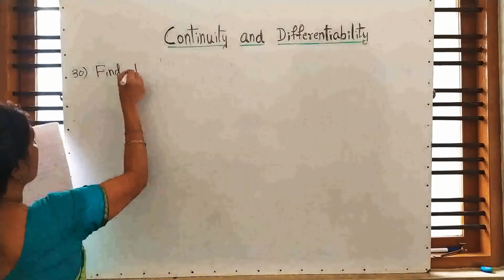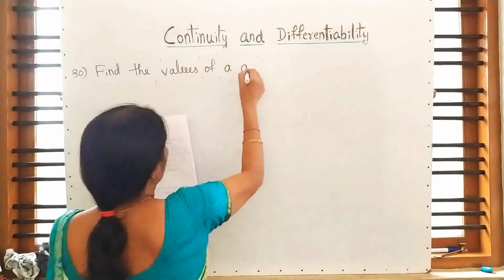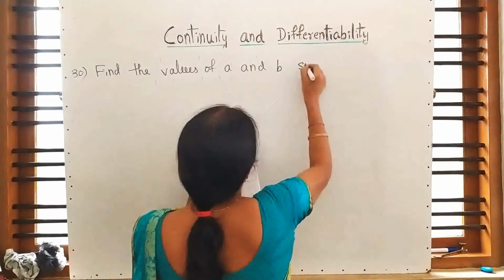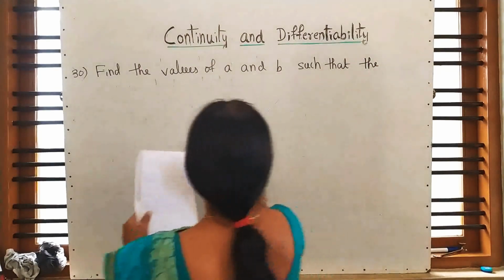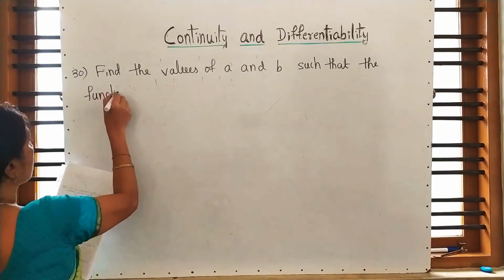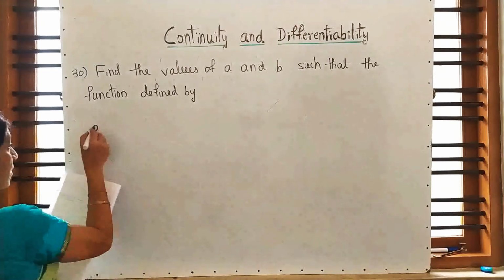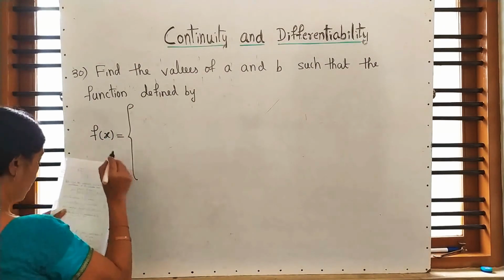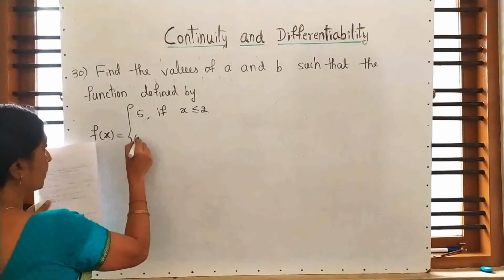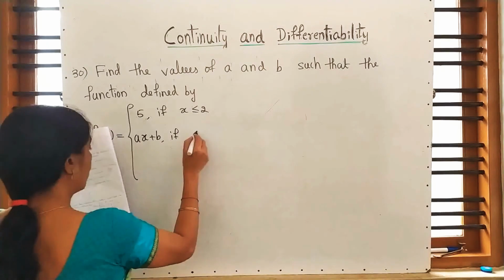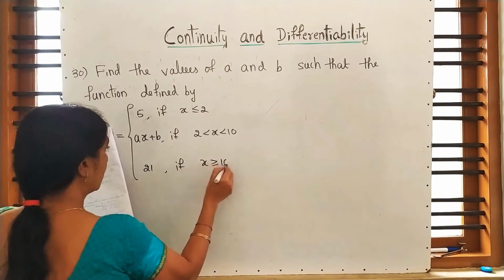Find the values of a and b such that the function defined by f of x is equal to 5 if x is less than or equal to 2, ax plus b if x is lying between 2 and 10, and 21 if x is greater than or equal to 10.